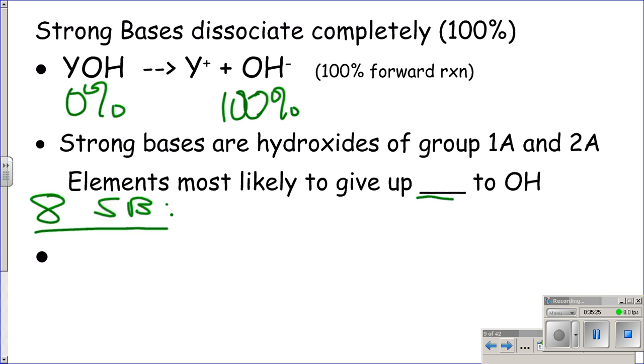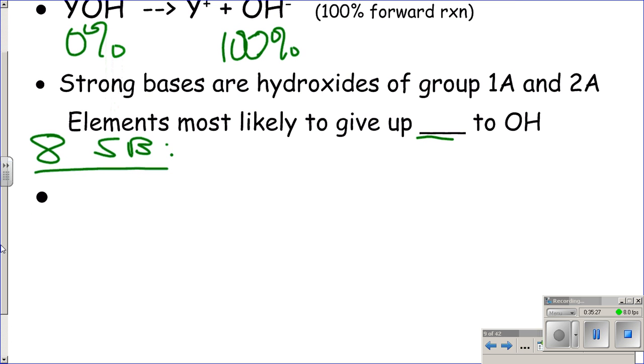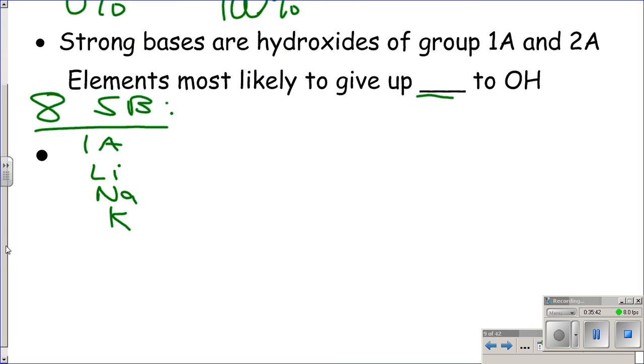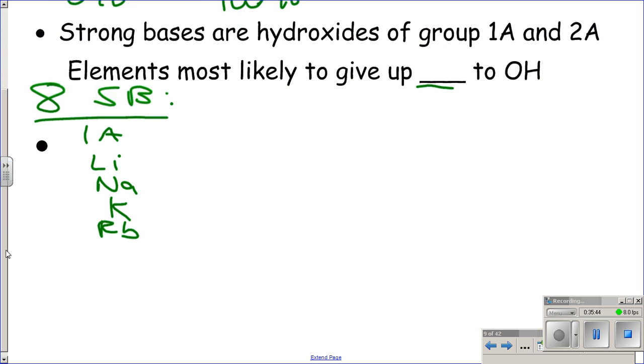What is the first metal in group 1A? Lithium. First one. So group 1A, you're skipping hydrogen because it's a non-metal, right? So you go lithium, what's next? Sodium. Sodium, next. Potassium, next. Rubidium and cesium, whatever you'll say is good.